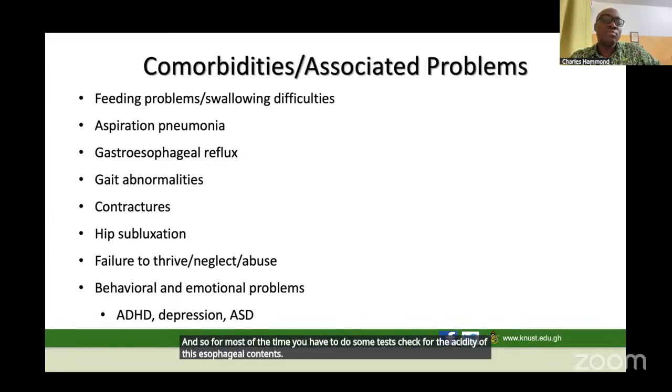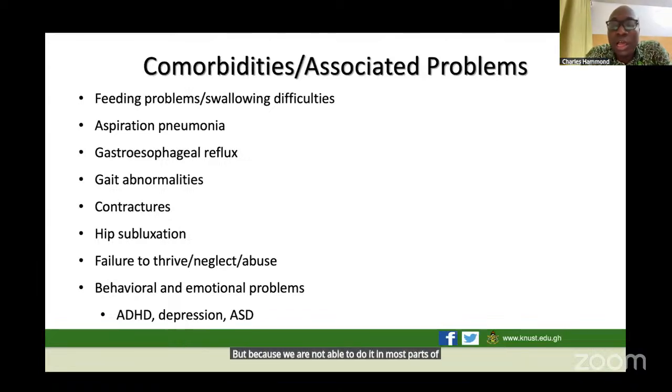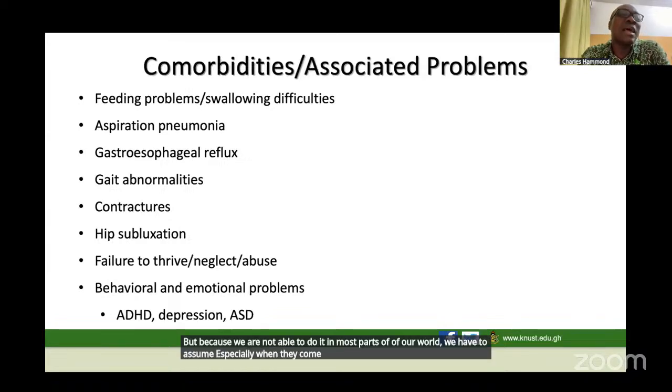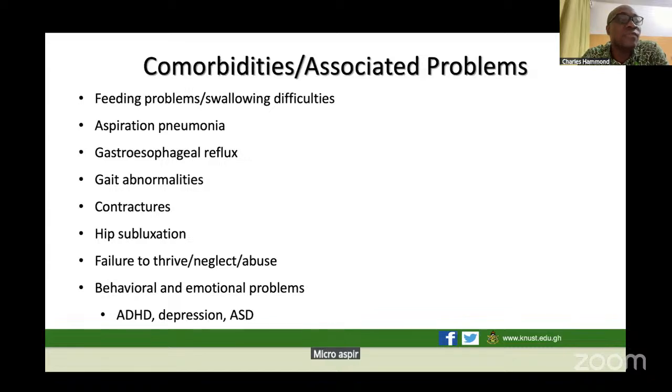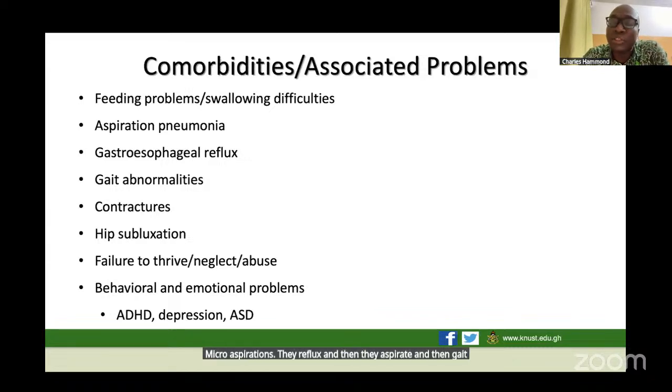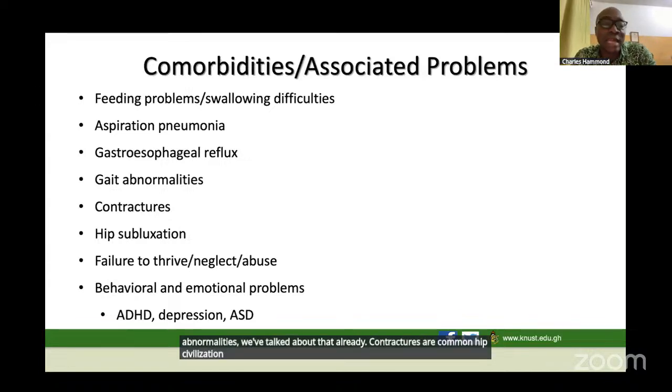But because you are not able to do it in most parts of our world, we have to assume, especially when they come with persistent arching of the back, that they have gastroesophageal reflux and treat. This gastroesophageal reflux could also be responsible for micro aspirations. They reflux and then they aspirate. And then gait abnormalities, we've talked about that already. Contractures are common, hip subluxation, especially in spastic diplegia.